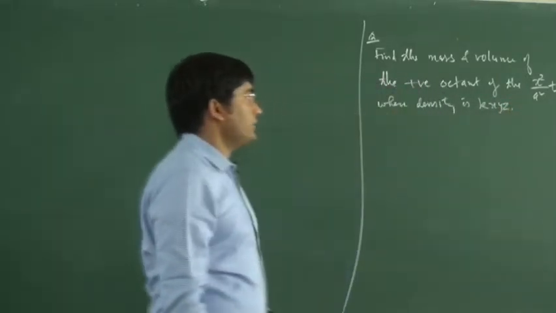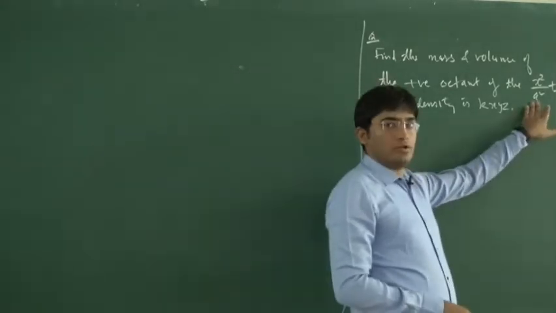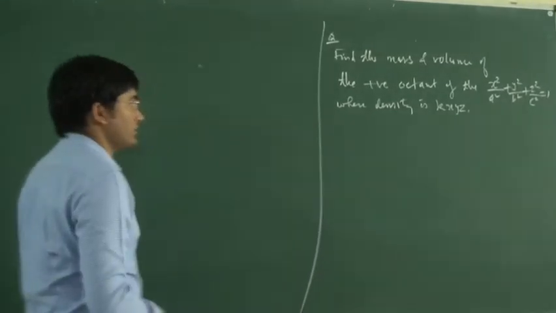So find the mass and volume of the positive octant of the surface for which the density is k times xyz.